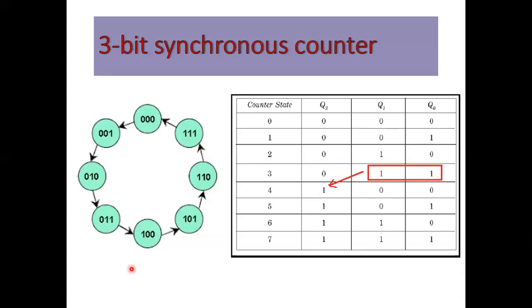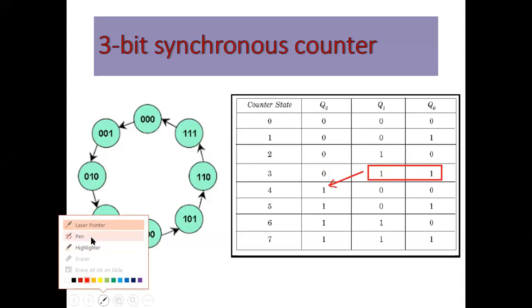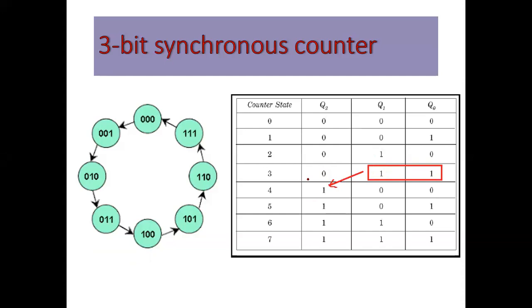See, up to this portion it is 0. When we come to the state of 1 1, these two 1s make the next state of Q2 to 1. When these two states are 1, the third flip-flop will go to the on state. That is the logic here.